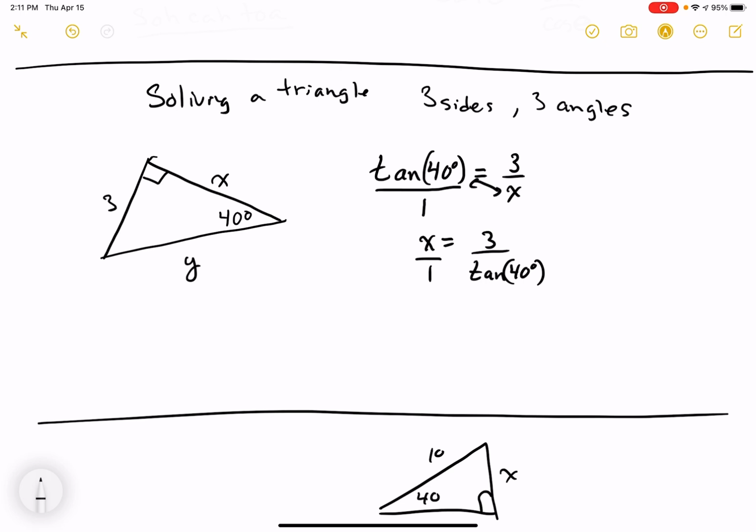When you take out your calculator, you want to make sure that it's in degree mode. So for those of you who have the TI graphing calculator, you want to go to mode, and you want to go down to where it says degree and press enter and make sure that you select that.